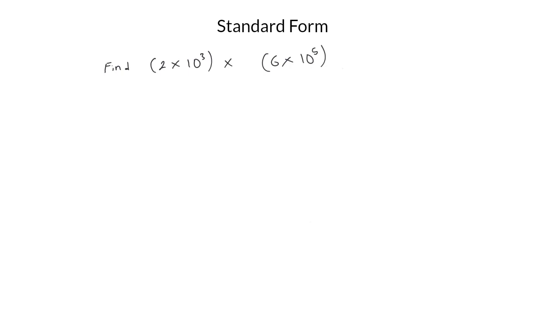Now, someone may say, well, we just open it. Usually when you have a question like this, it says you should find this. The question will still state that you should leave your answer in standard form. Now, how do we go about this?